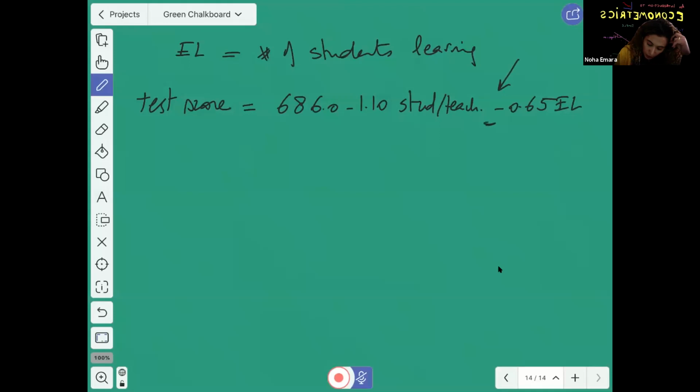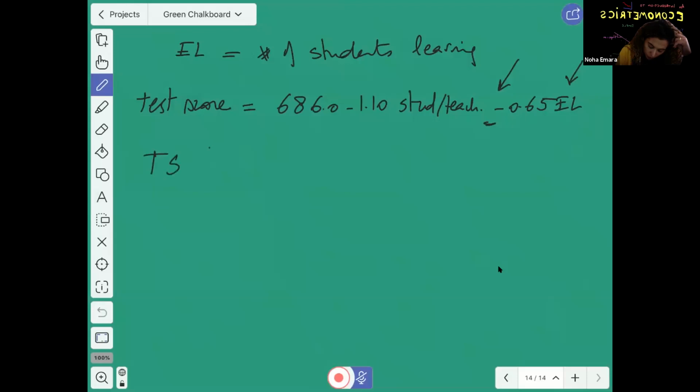So it's a negative relationship, right? And what is the magnitude of this relationship? For each additional student in class who is still learning English, the test score falls by 0.65 points.